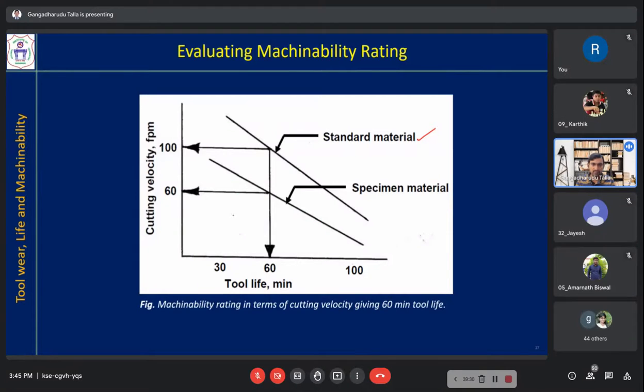For 60-minute tool life, what is the corresponding velocity? So here it is 60, and for the standard it is 100. So 60 by 100 into 100, you are getting 60 as the machinability rating in that particular case.